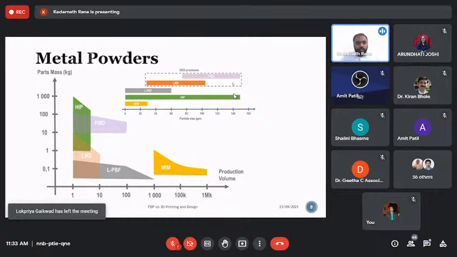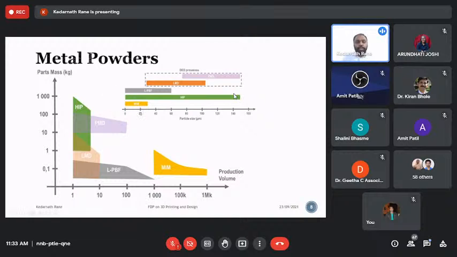I think tomorrow you are going to cover DED processes, so you will have more insight into these powder sizes through tomorrow's lecture. But for other processes like laser powder bed fusion or electron beam powder bed fusion, we are using a powder size which is less than 60 microns. HIP is a completely different application and process that we are not going to cover.